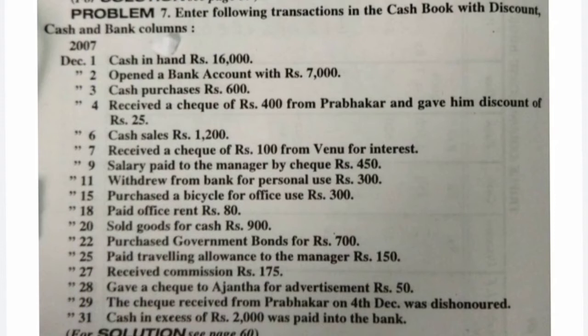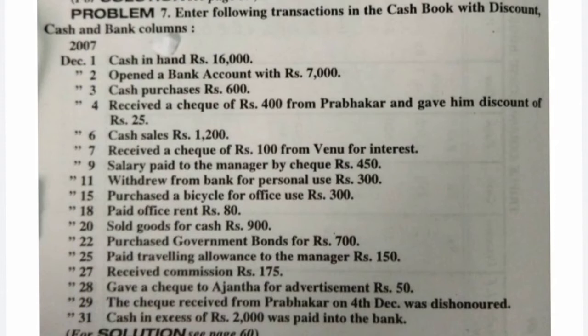To open the bank account we need to record a contra entry, because we need to deposit some amount into the bank. We have opened a bank account with rupees 7,000. So we are taking some cash with us, that is rupees 7,000, and we are depositing it into the bank to open the bank account freshly.